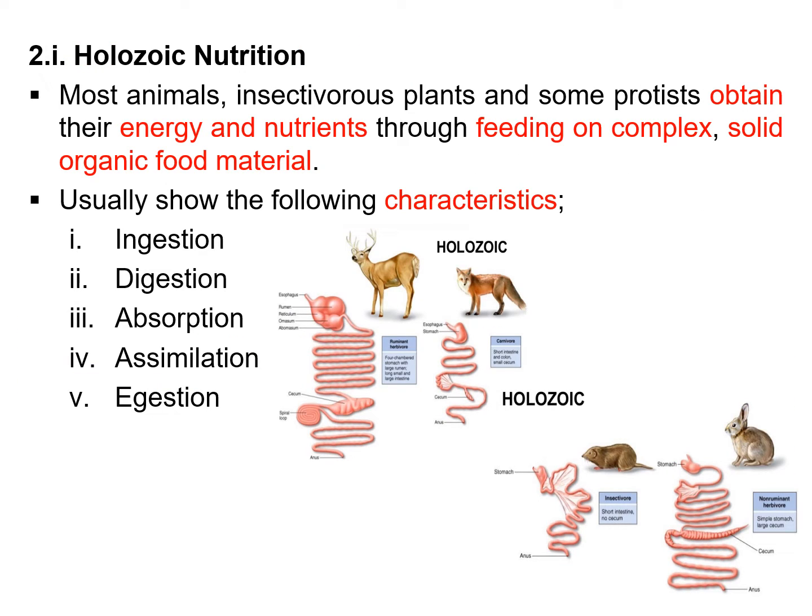And holozoic nutrition is one of the classes under heterotrophic nutrition. Most animals, insectivorous plants, and some protists obtain energy and nutrients through feeding on complex, solid organic food material. And usually they show the following characteristics, including ingestion, digestion, absorption, assimilation, and egestion.